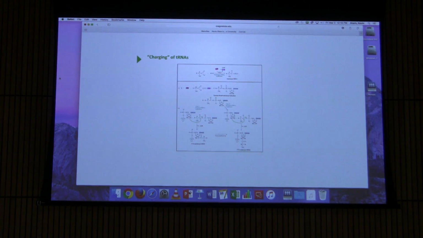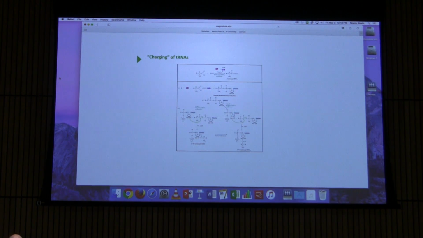Whenever we see that happen, we know that it's a very energy-requiring reaction, so it takes a lot of energy to put an amino acid on there. It's sort of the equivalent of 2 ATPs necessary to put that amino acid onto the end of the transfer RNA.